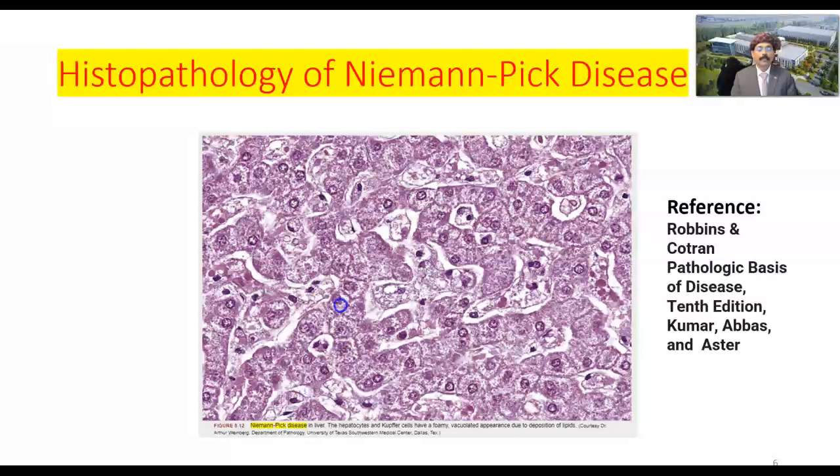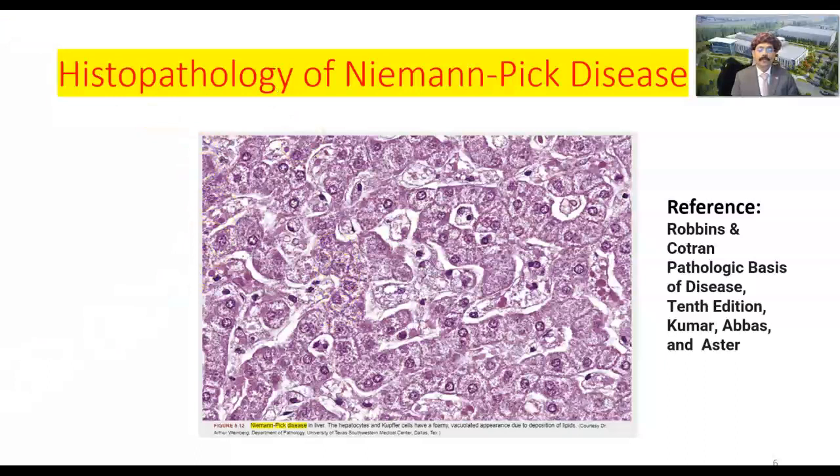So not only the hepatocyte, but also the Kupffer cell, that is the macrophage cell of the liver. It is part of the reticuloendothelial system, the macrophage system. Here the Kupffer cell also contains that, and like the hepatocytes, will get a vacuolated appearance because of collection of the sphingomyelin.